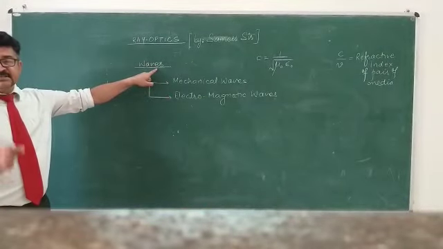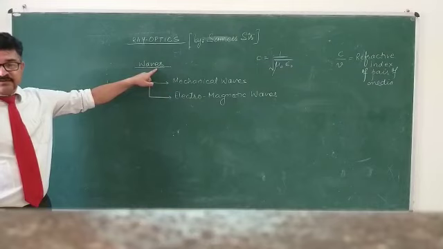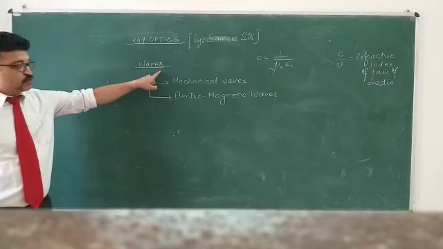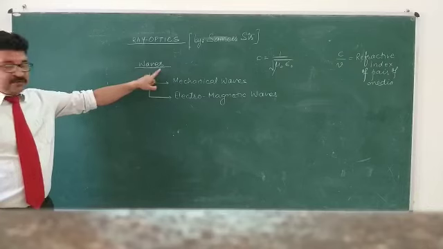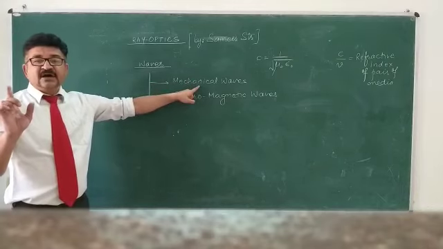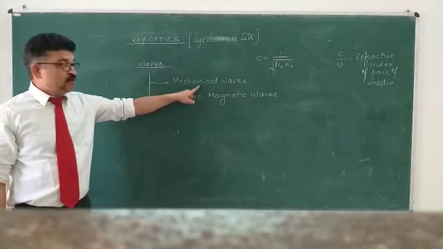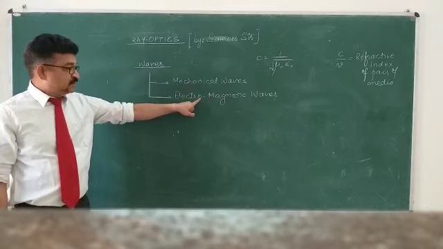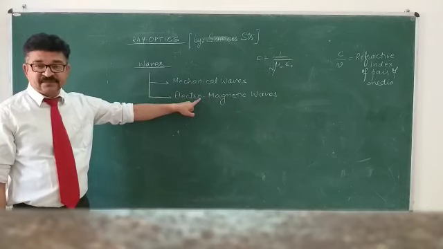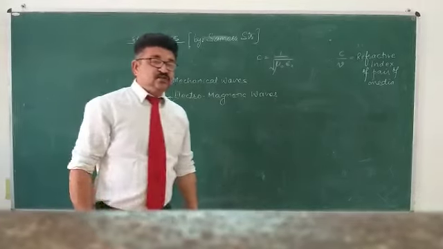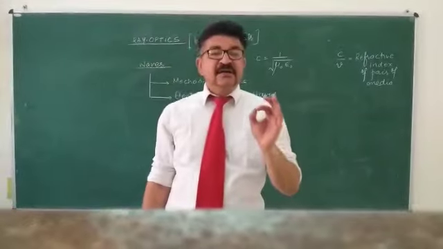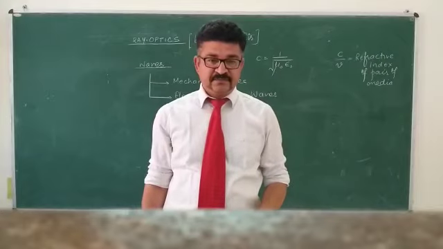From the previous sections of your lectures, you know that whenever we talk about light, whenever we talk about waves, waves are of two kinds. One is called mechanical waves, the other electromagnetic waves. What are mechanical waves? Mechanical waves are those which need some medium for their propagation.